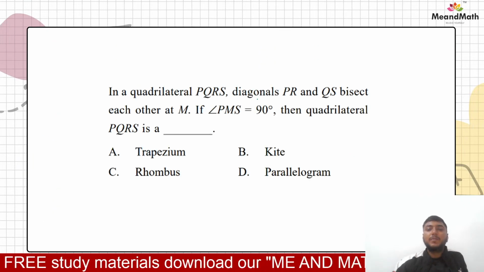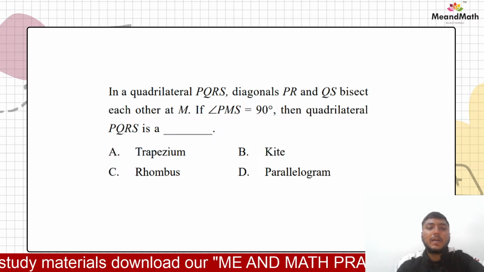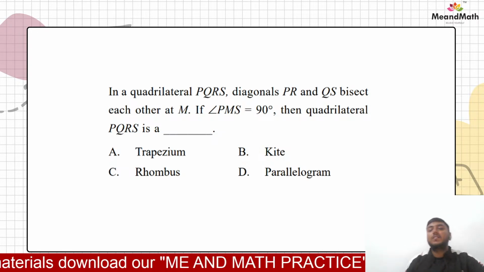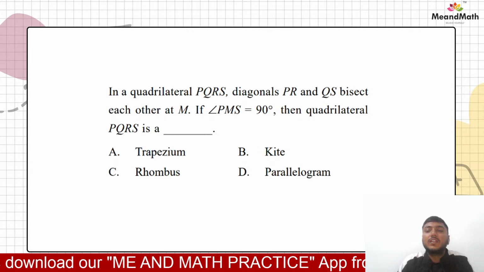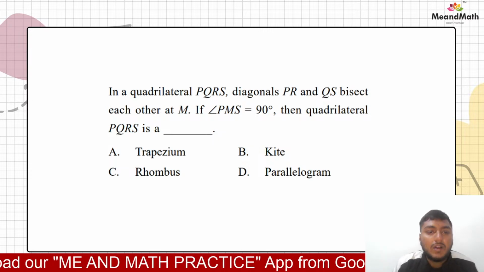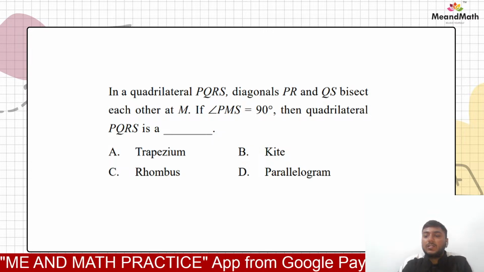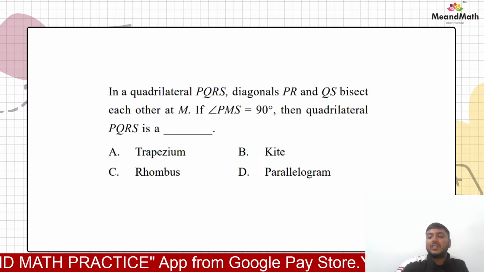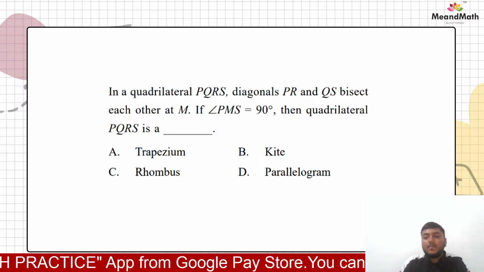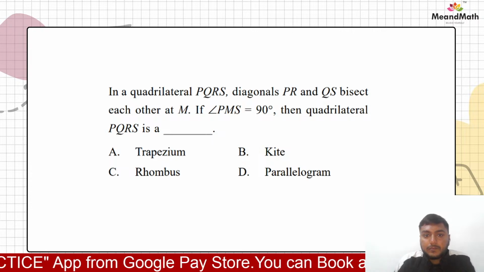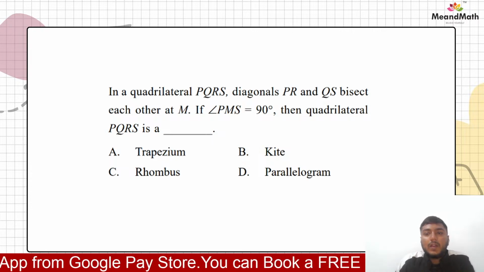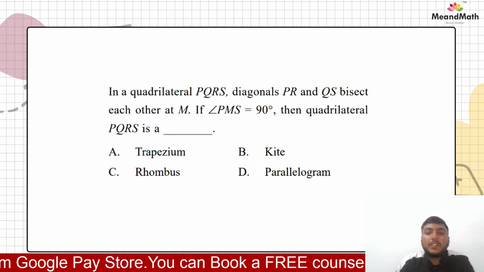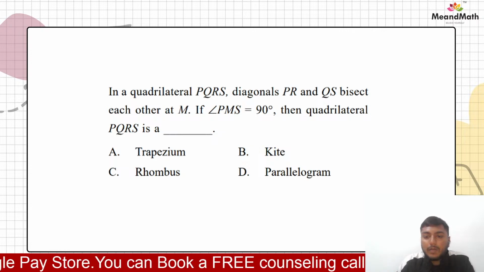In quadrilateral PQRS, PR and QS bisect each other at M. If angle PMS is equal to 90 degrees, then quadrilateral PQRS is a dash. So we have to identify whether PQRS is a trapezium, kite, rhombus, or parallelogram.